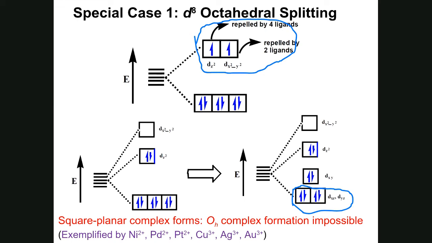So as you pull the ligands out, the energetics change, which is why you're seeing the Z orbitals going down in energy. They are less repelled now because the ligands are being drawn out. And as you continue drawing them out, at some point they will tear off from the metal, and you will remain with 4 ligands that were in the equatorial plane. And that constitutes your square planar complex.